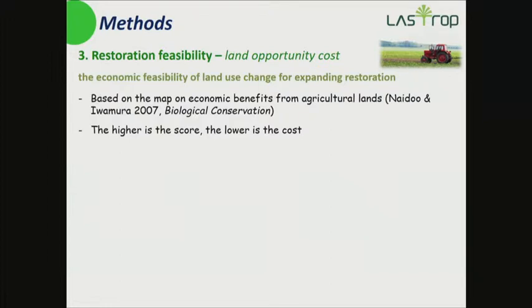At the same time, in degraded pasture lands, extensive pasture lands, where people may not get so much benefit from agricultural activity, we may have higher economic chances for expanding restoration, which would not happen in sugarcane plantations in Brazil, for instance. So we based this map on a global map about the economic benefits of agricultural production, published in 2007.